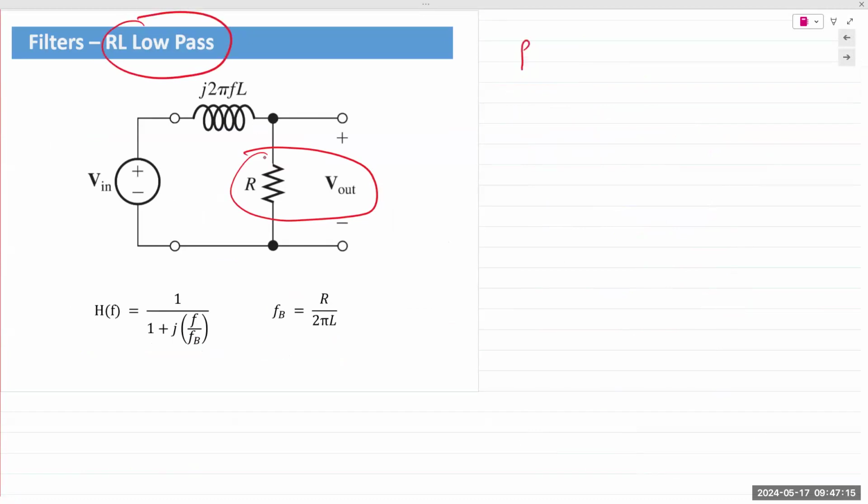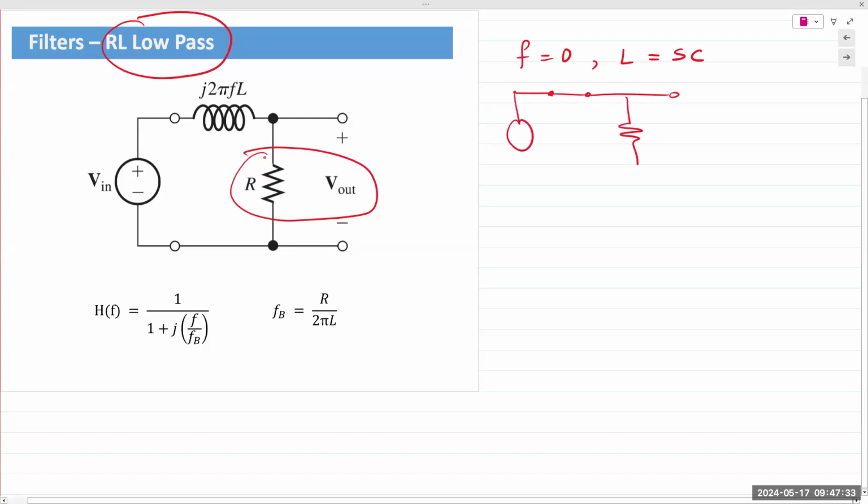So if you perform the analysis here, at F equal to 0, the inductor behaves like a short circuit, SC. And so low frequencies, V out is allowed to pass through.